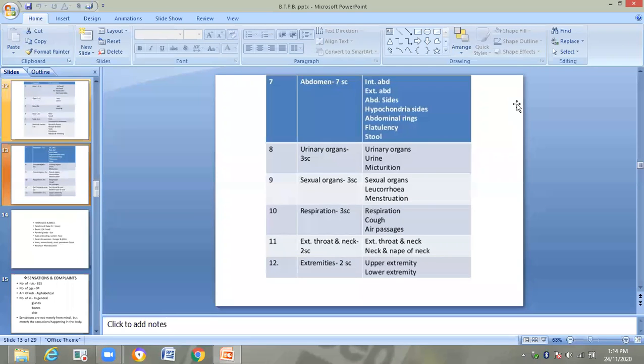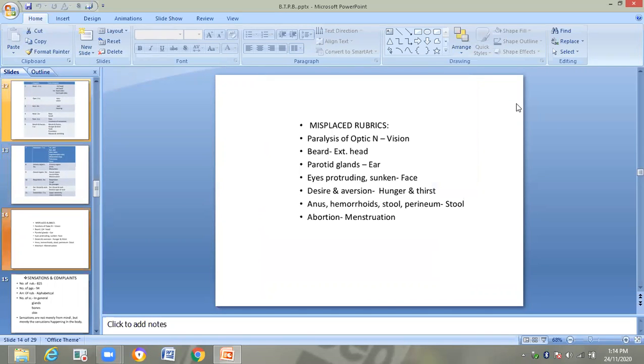Under respiration, there are again 3 subsections, that is respiration, cough and air passages. Under external throat and neck, there are 2 subsections, that is external throat and neck, neck and nape of neck. Under extremities, there are 2 subsections, that is upper extremity and lower extremity.